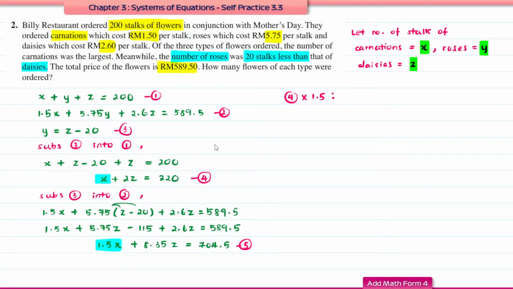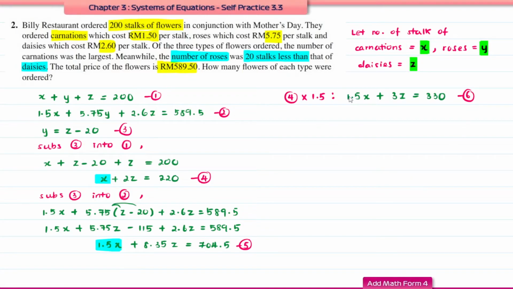So here you're going to have 1.5x plus 2z times 1.5, which is 3z. And 220 times 1.5 is 330. So this I'm going to label as equation number 6.